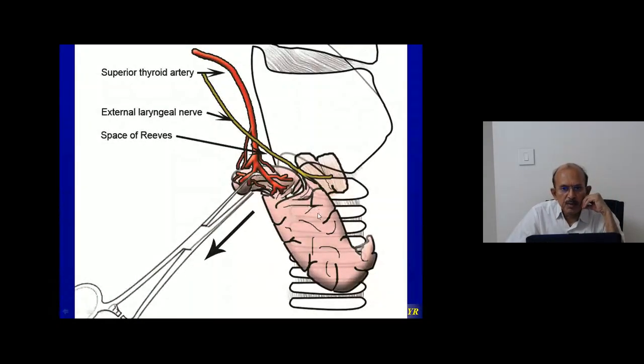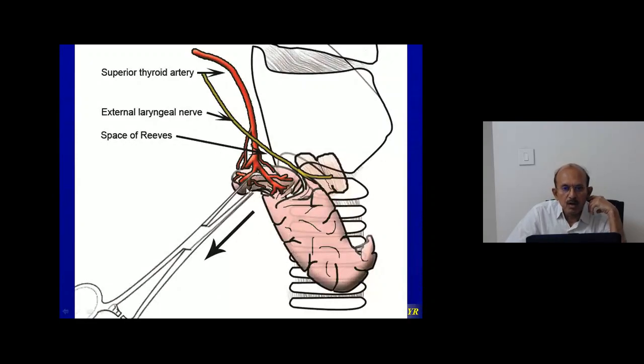Yes, this I am describing as the space of Reeves. Okay, I hope you are appreciating. This is the thyroid cartilage. This is the cricoid cartilage. In between is the cricothyroid muscle, and here is the lobe of the thyroid gland.